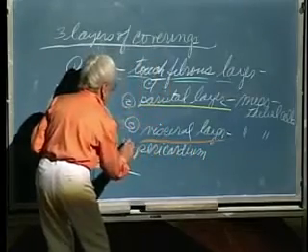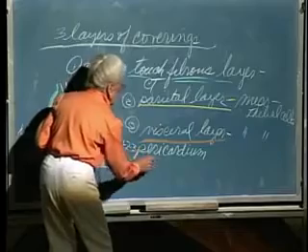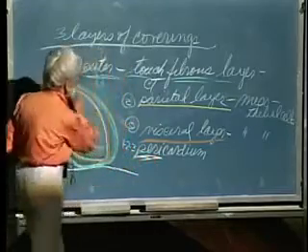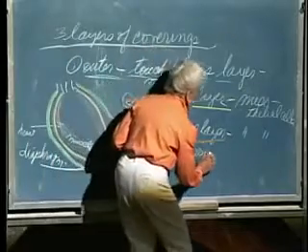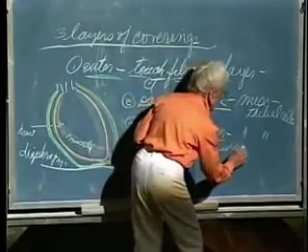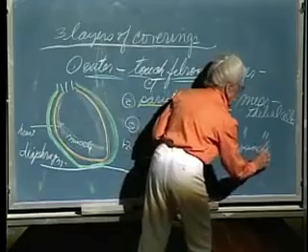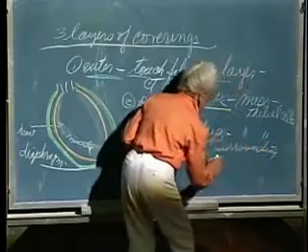So 1, 2, 3. Peri means around. So they make up the pericardium surrounding the heart. More protection.